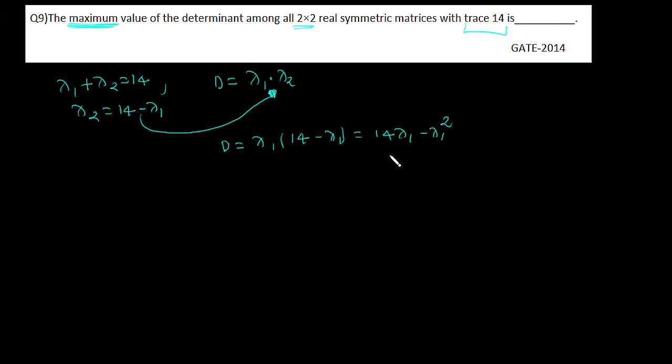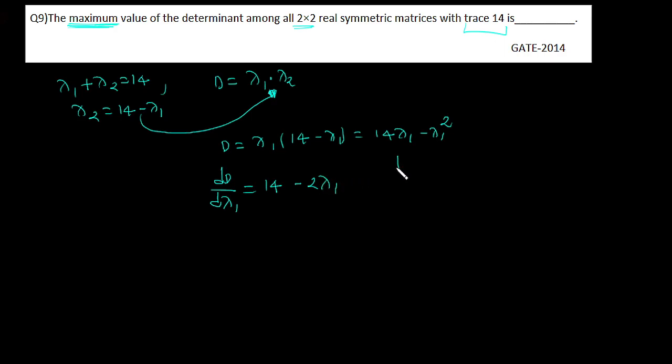What we are going to do is simply take the first derivative of this function and equate it to 0. So let's take del d by del lambda 1, because here lambda 1 is our variable. After the differentiation we get 14 minus 2 lambda 1.